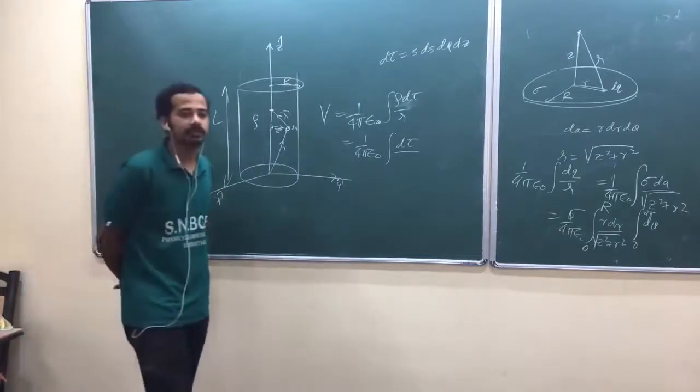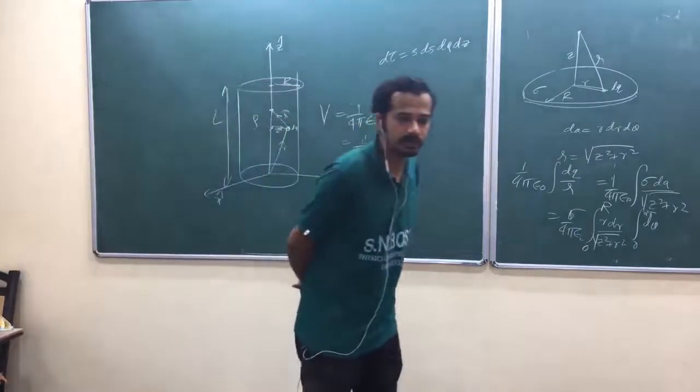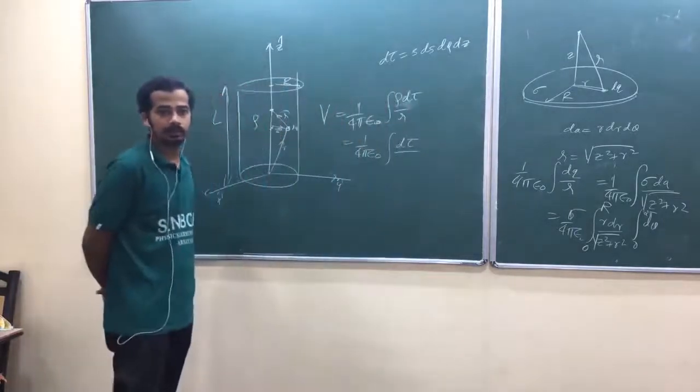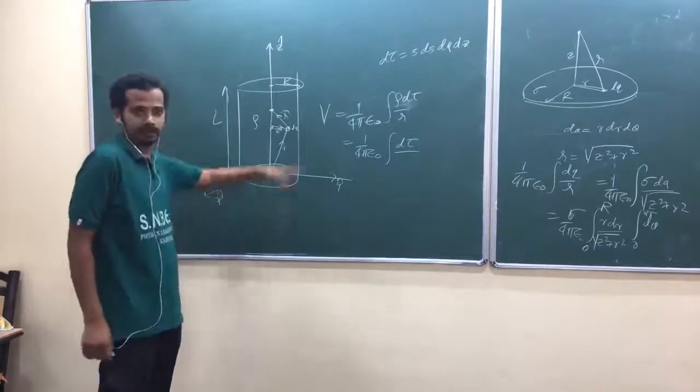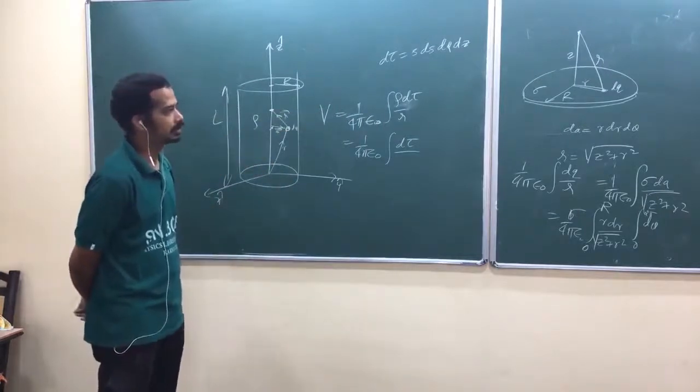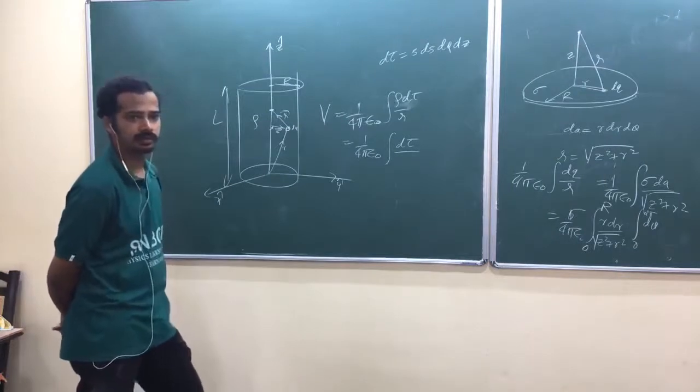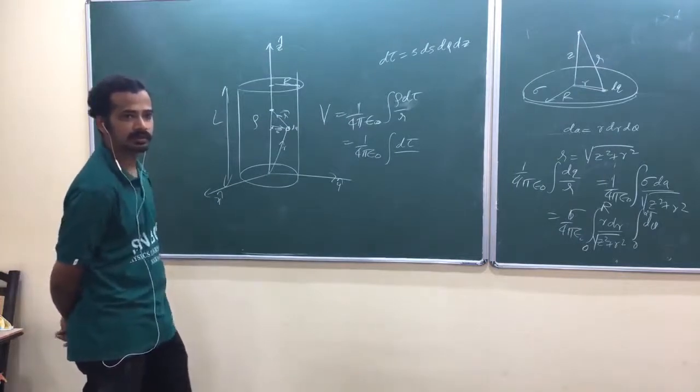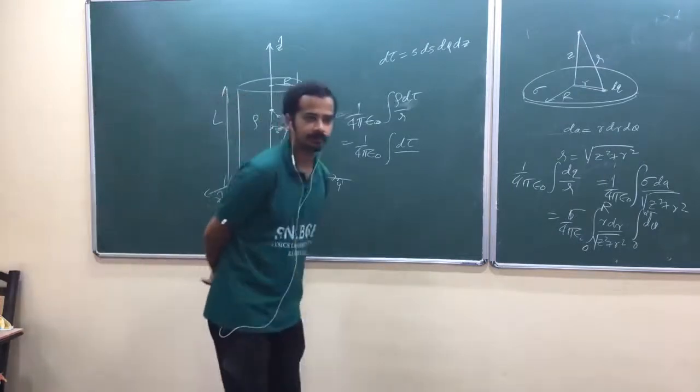So what has he given? You have the solution manual, just see that one. Okay, he placed the origin and integrated that one. That's also a good idea, isn't it?